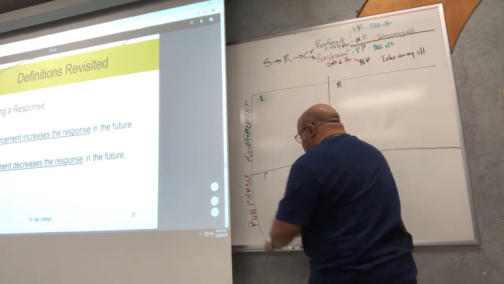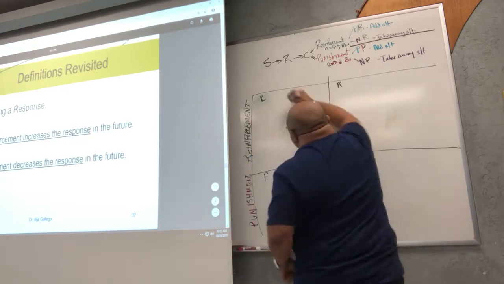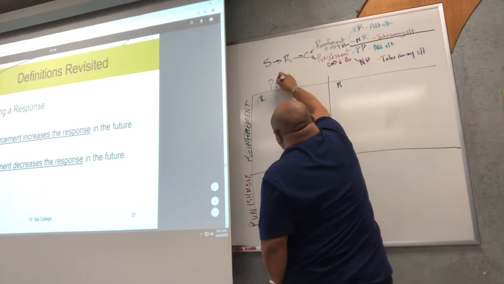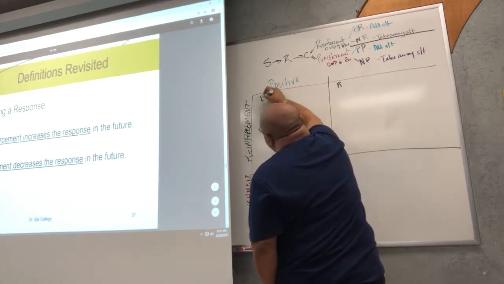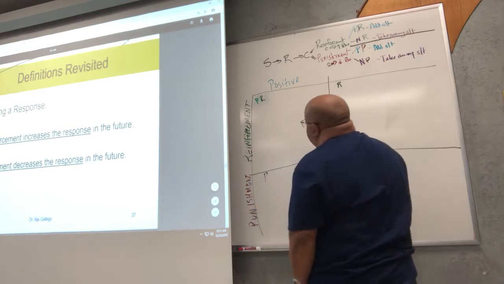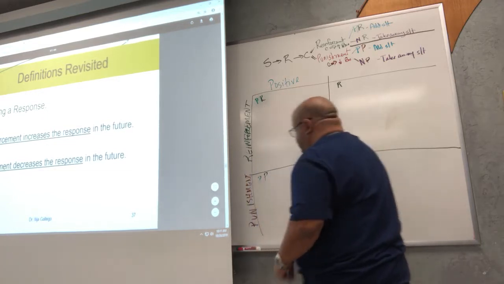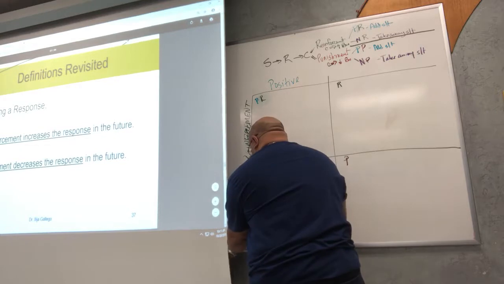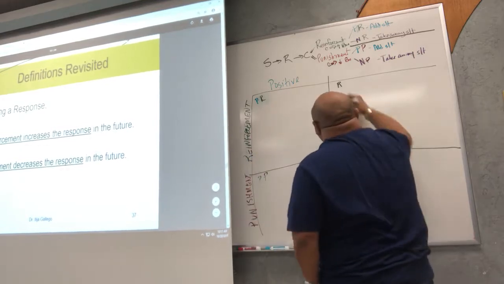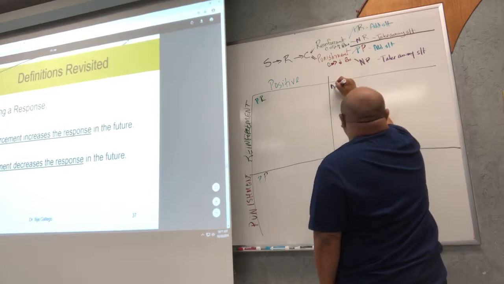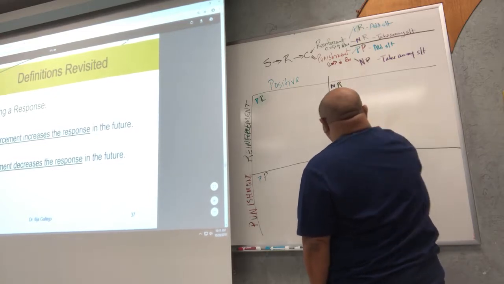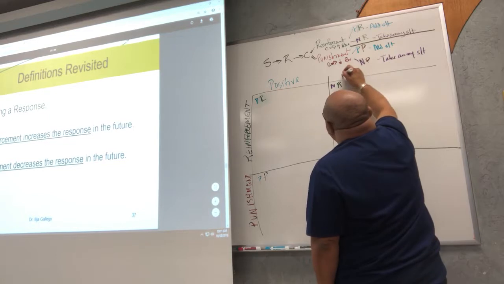And then here I'm going to put positive. So positive reinforcement and positive punishment. And here I'm going to use negative reinforcement and negative punishment. So negative is here.